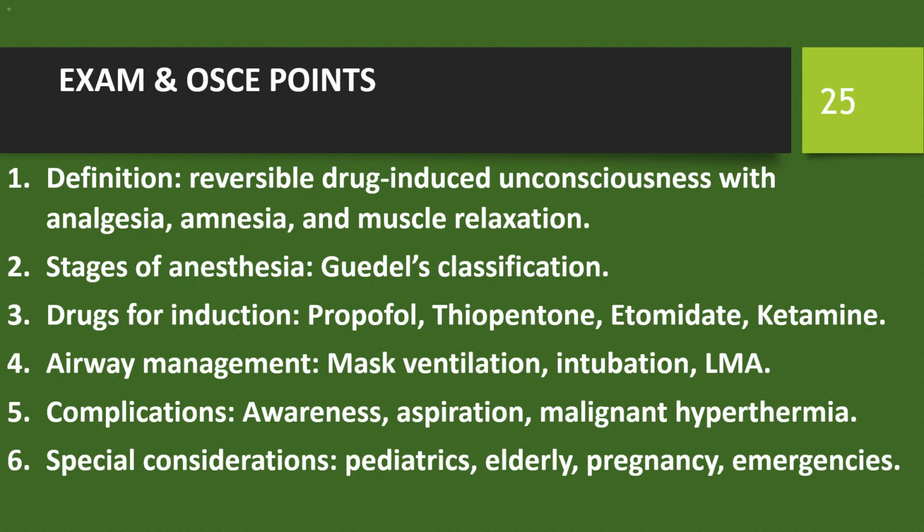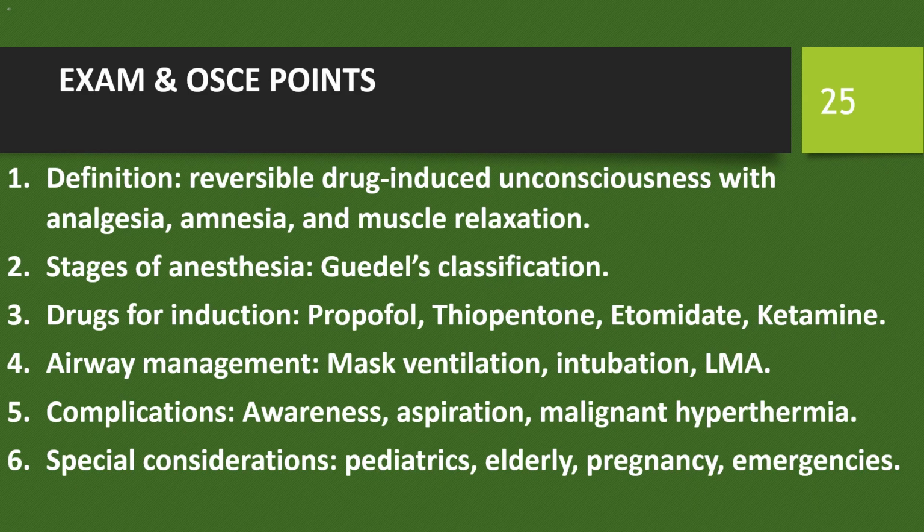4. Airway management. 1. Mask ventilation, a technique used to provide oxygenation and ventilation during anesthesia. 2. Intubation, insertion of an endotracheal tube to secure the airway and ensure safe ventilation. 3. LMA, laryngeal mask airway, a device that sits above the glottis, providing a seal around the laryngeal inlet to facilitate ventilation. 5.